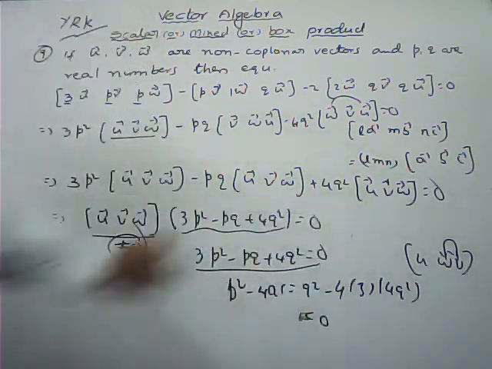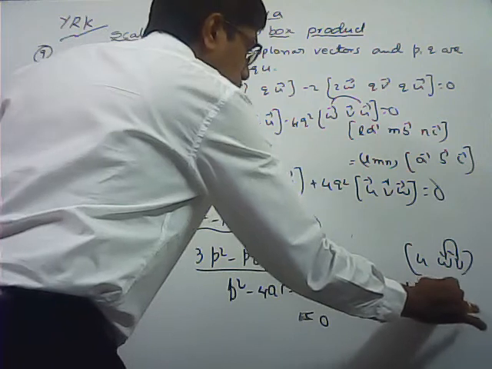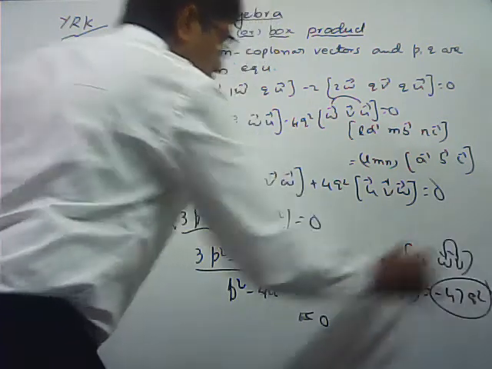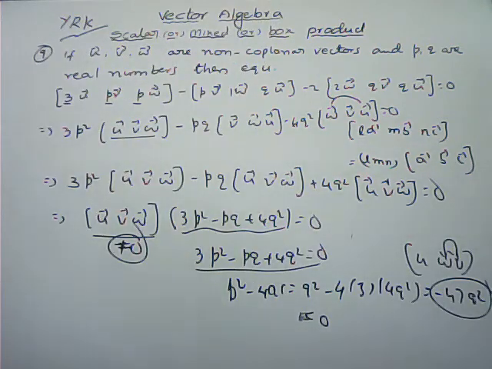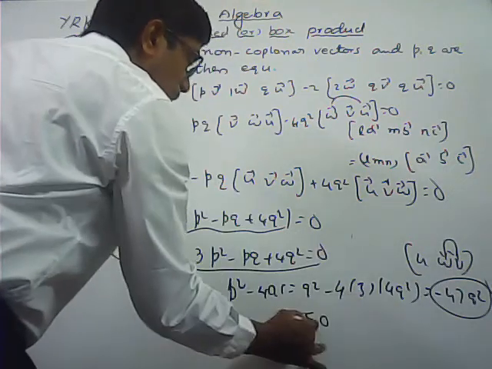Q square always positive only. So minus something we are getting, minus 47q square, minus 47q square. So always less than or equal to 0. Negative means there doesn't exist real roots. Maybe for q equal to 0.